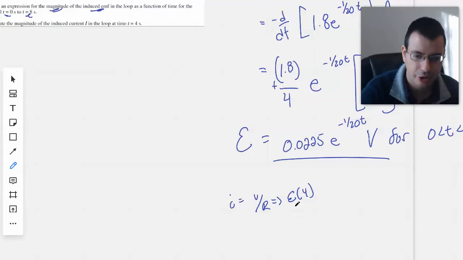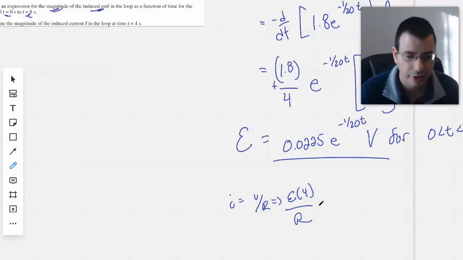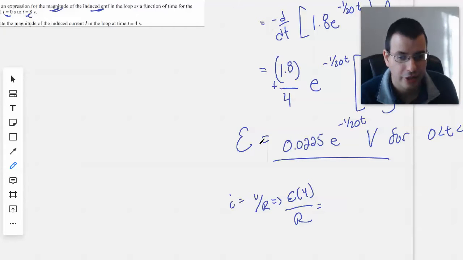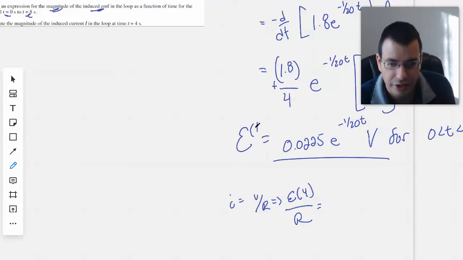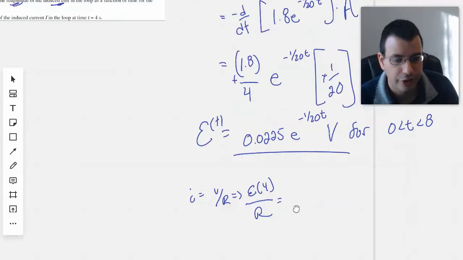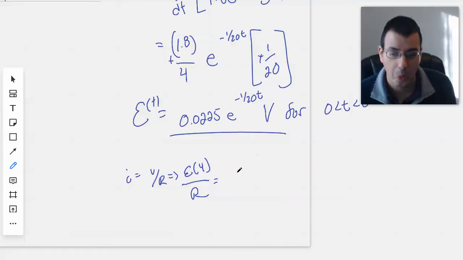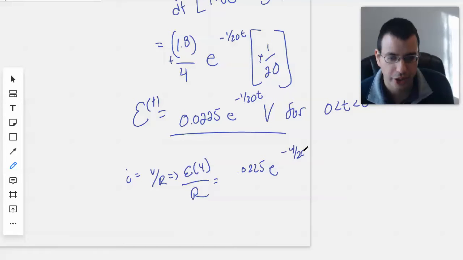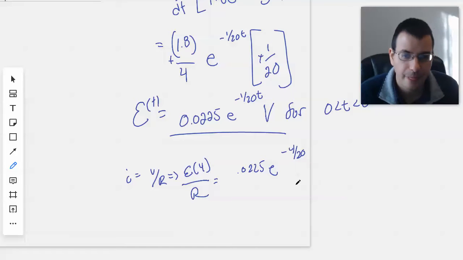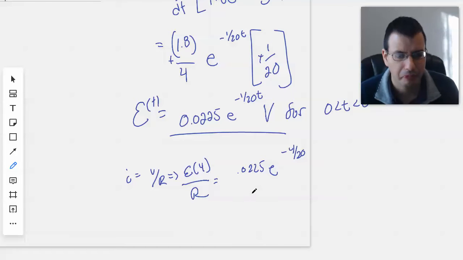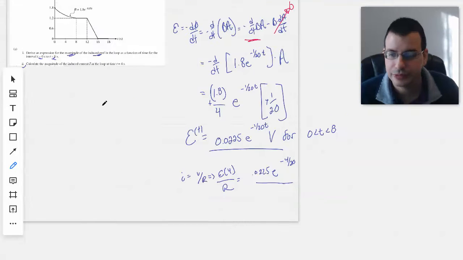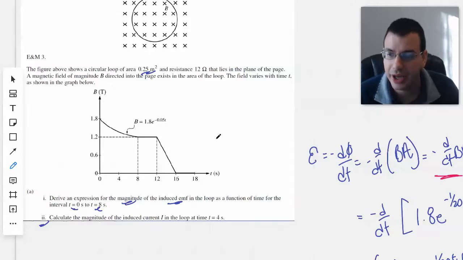So we need to find this value at t equals 4. So we have 0.0225 e to the negative 4 over 20, which is 1/5, over 12.